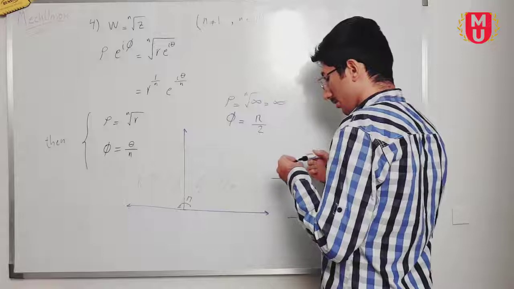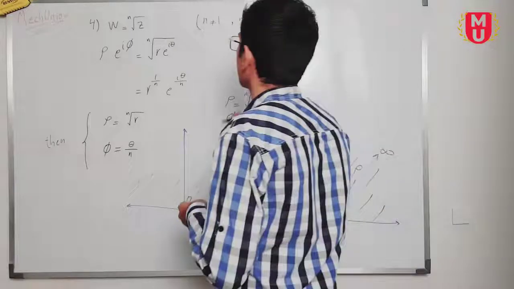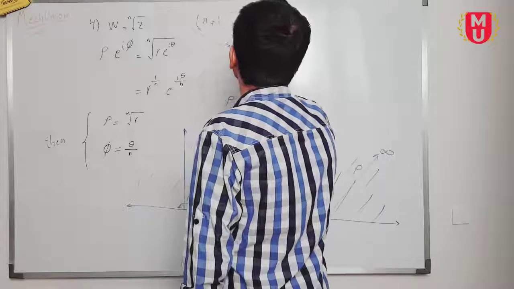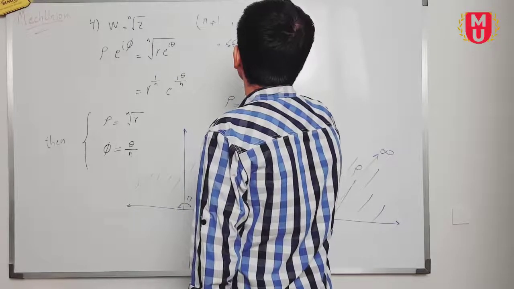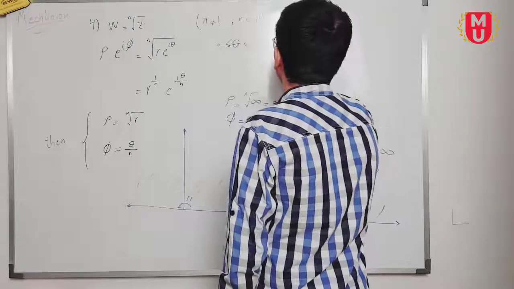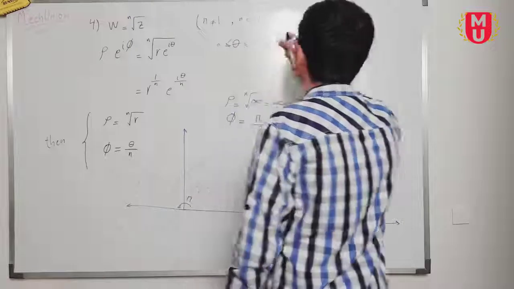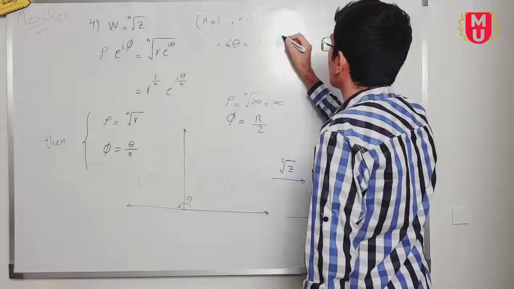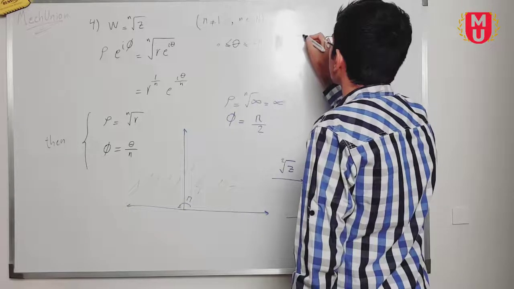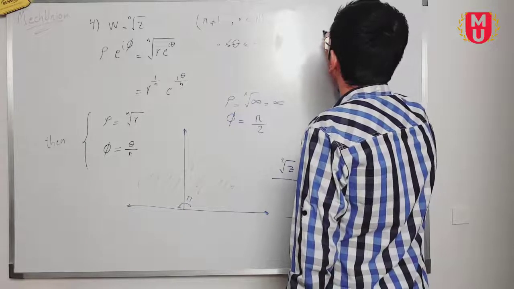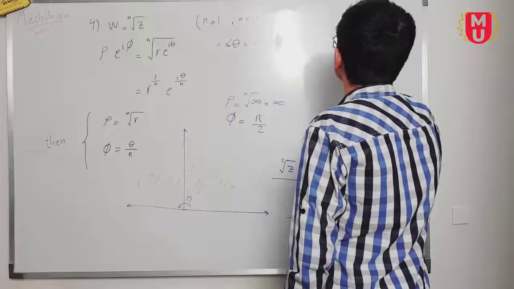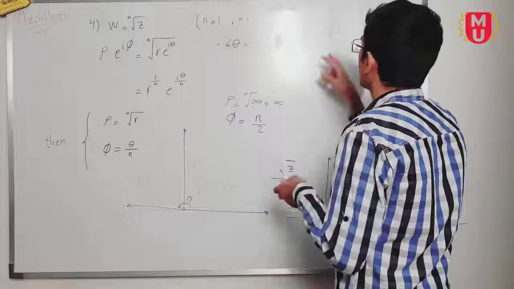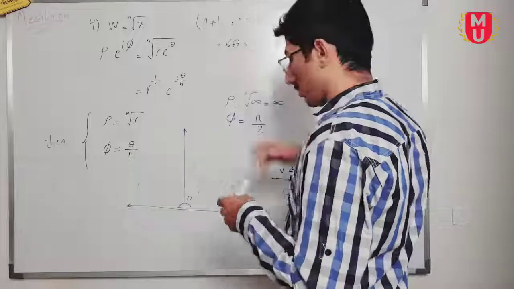And another tip that you should consider is that theta is limited to this region, or you can have theta limited to this region, or minus pi and pi. Its length actually is 2 pi, and this is 2 pi also.